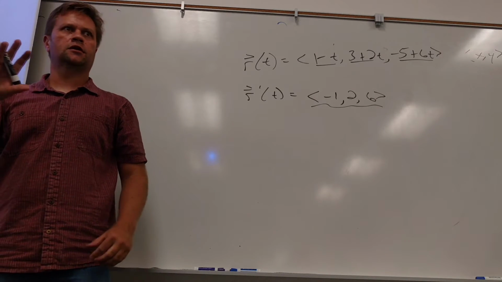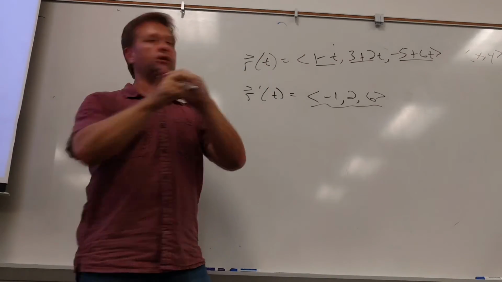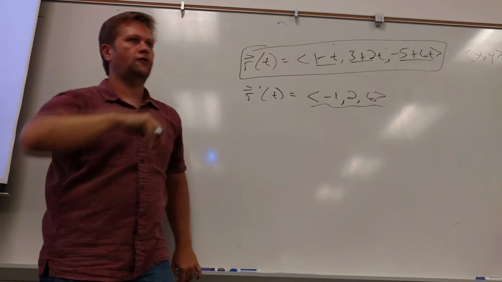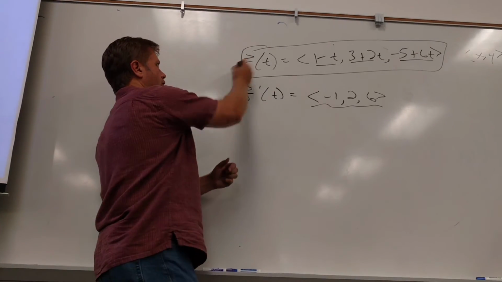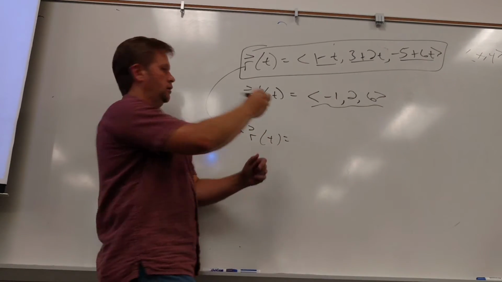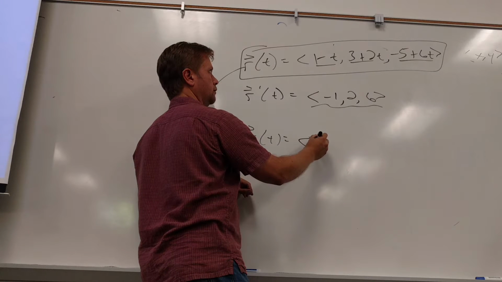Now, what is that symbol used for this? If I look at this as a line, why is that the definition of a line? If I break this up, take all the non-t stuff out, what do I get?